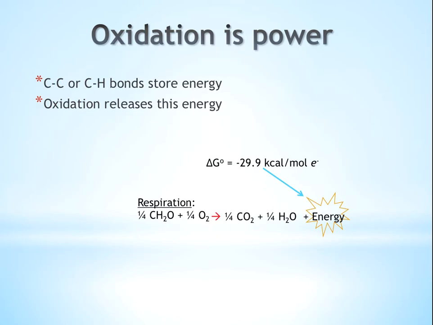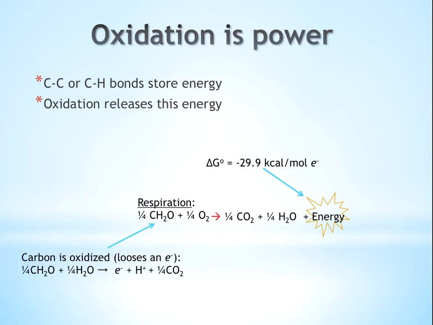And the oxidation of these bonds, or breaking of these bonds, releases this energy. Here this is showing you aerobic respiration, we just call this respiration, this oxidation of carbon. It releases this much energy. The change in energy is 29.9 kilocalories per mole of electrons.